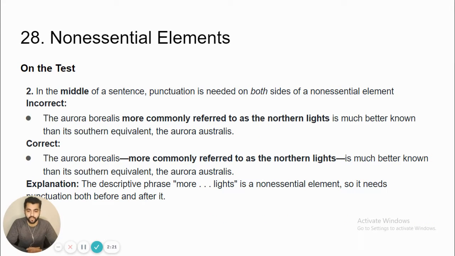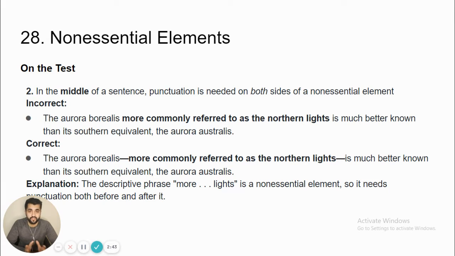Okay. Number two, if the non-essential clause is in the middle of the sentence, the punctuation is needed on both sides of the non-essential clause. So, the aurora borealis, more commonly referred to as the northern lights, is much better known than its southern equivalent, the aurora australis.